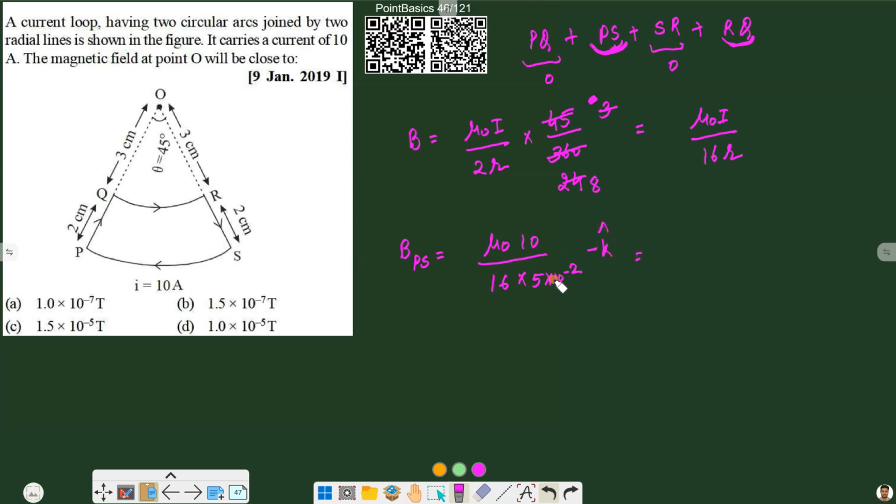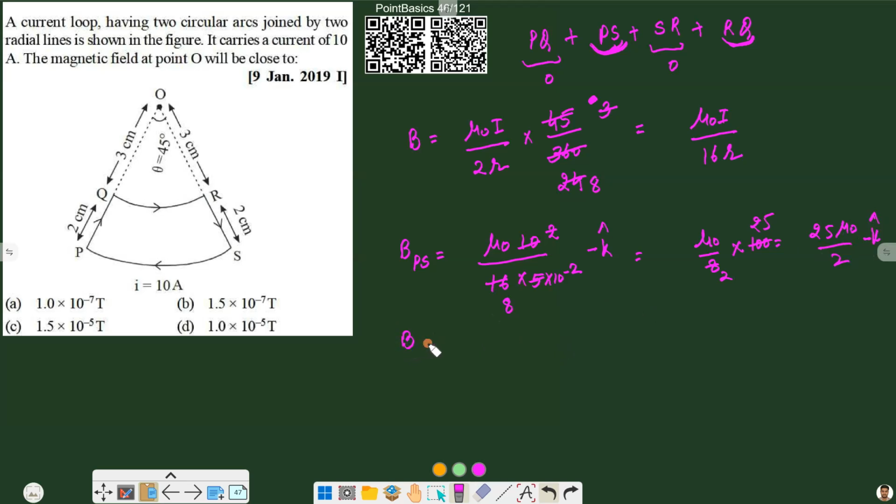So the final answer is mu naught by 8 into 100, which can be written as 25 by 2 mu naught with minus k sign.